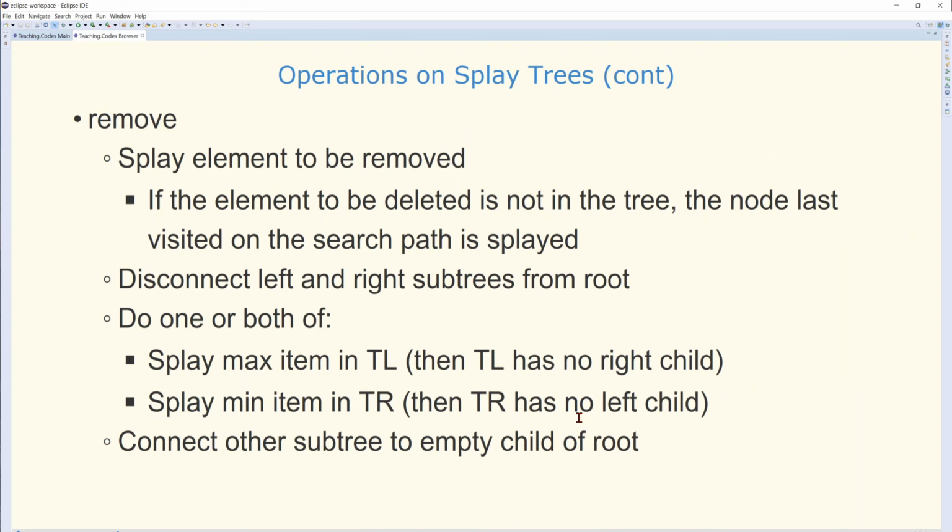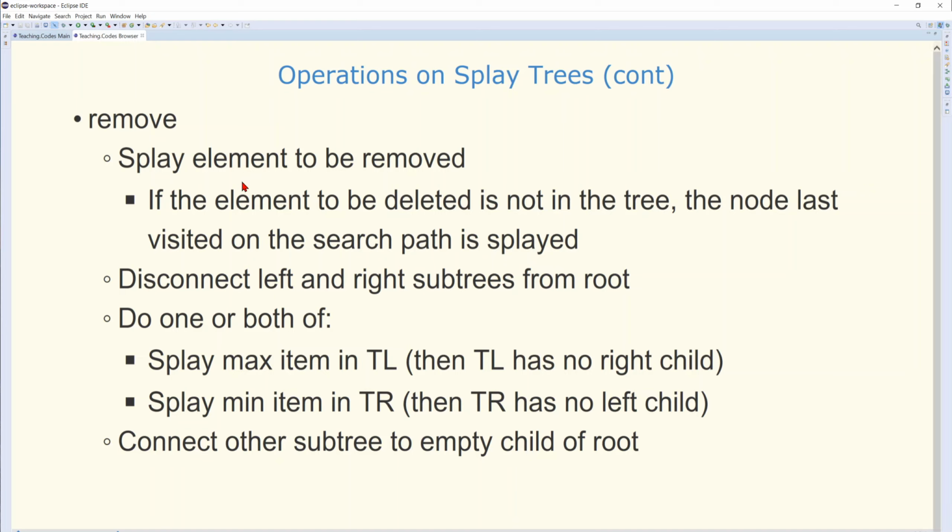For the case of remove operations, it's a little bit more tricky, but again, it's very similar to what we discussed in AVL trees. The splay element: you first find the element to be removed. You splay that element first before removing it. You bring it to the root.